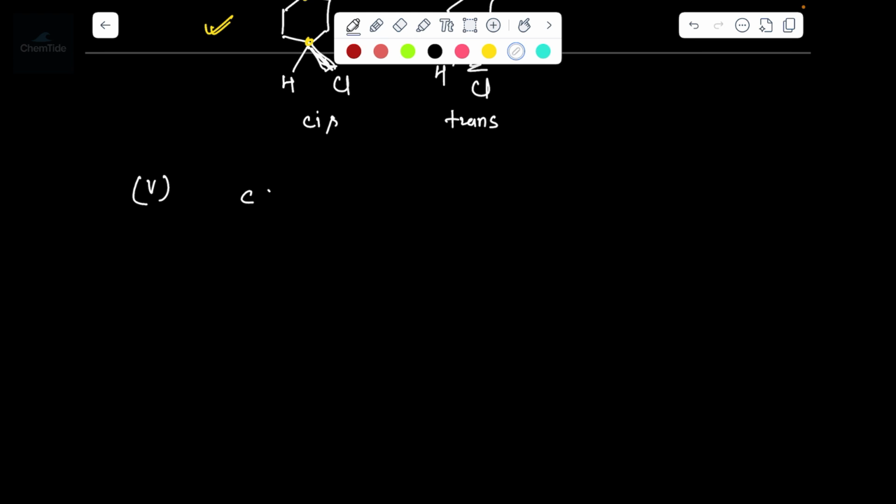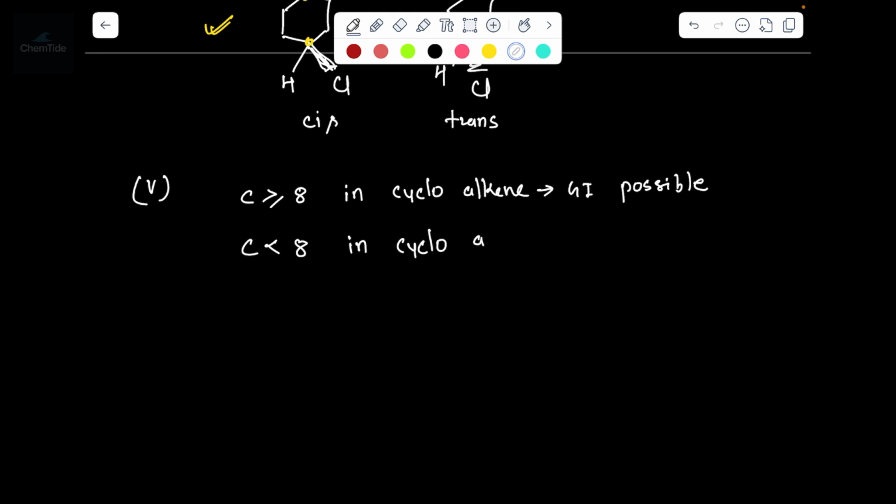If the carbon count is greater than or equal to 8 in cycloalkene, only in that case is GI possible, otherwise no. If the carbon count is lesser than 8 in cycloalkene, geometrical isomerism is not possible. So you can learn this as an exception or special case.